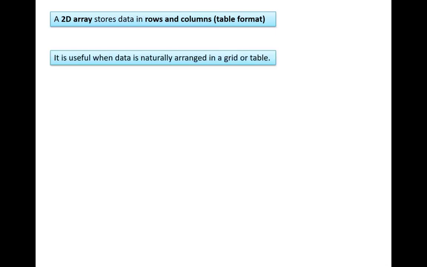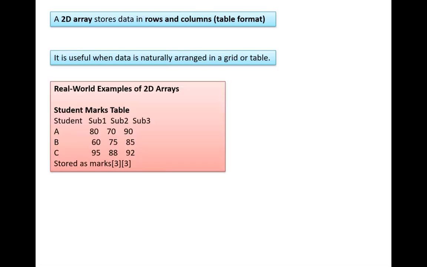So to make our understanding simple, let us define a two-dimensional array as a data structure that stores data in the form of rows and columns, that is, a table format. It is very useful when data is stored in the form of a grid or a table.